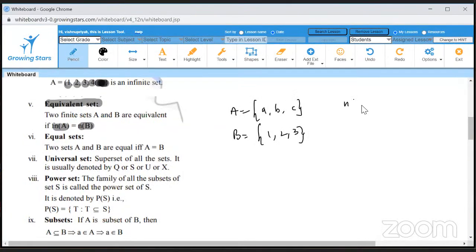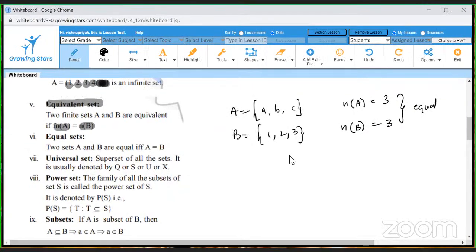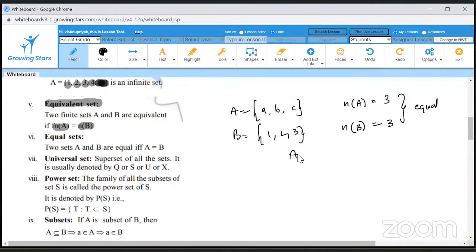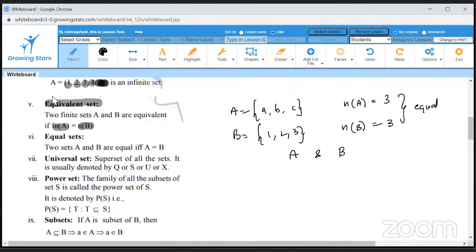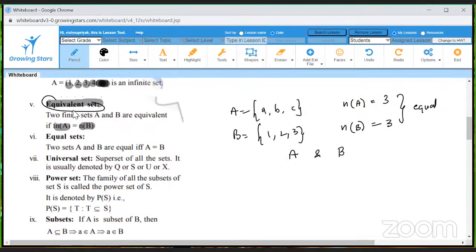Here the cardinal number of set A is 3 and the cardinal number of set B is 3. These two are equal. That means you can say A is equivalent to B. Sets A and B are equivalent sets.